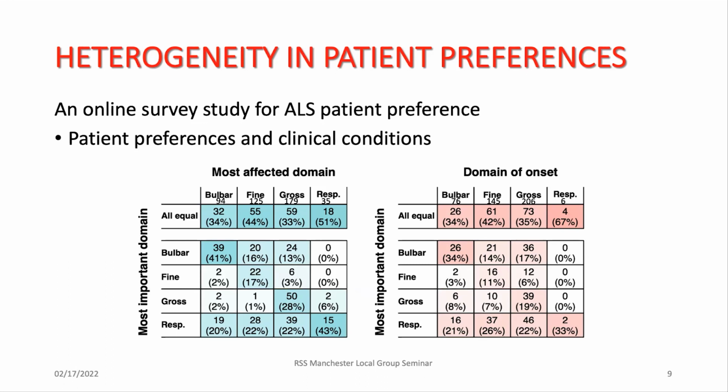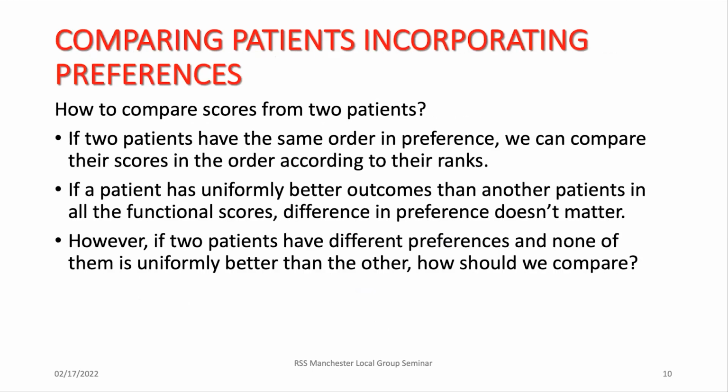We also checked their domain of disease onset, and that signal was relatively weak. The consistency is not that strong. Nonetheless, this gives us a hint that there's huge heterogeneity among patients.